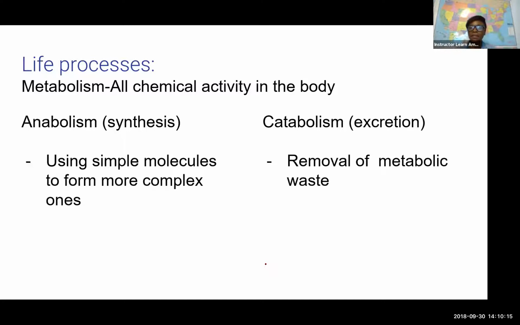So if we look at synthesis, your body will use simple compounds that's taken in to create or form more complex organism. And so this process, we'll see its development in the muscle cells or creating different parts of the cell. Where catabolic gets a little bit more detail, but it's the removal of any of the metabolic waste from the cell.